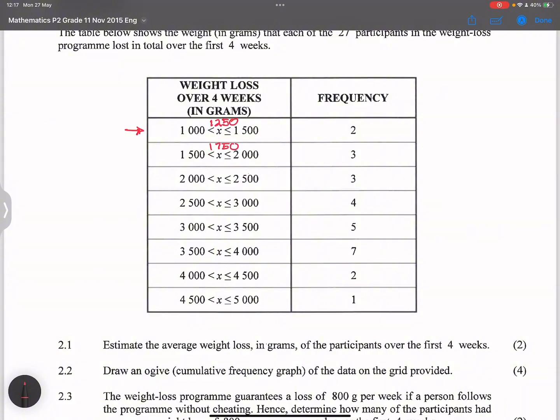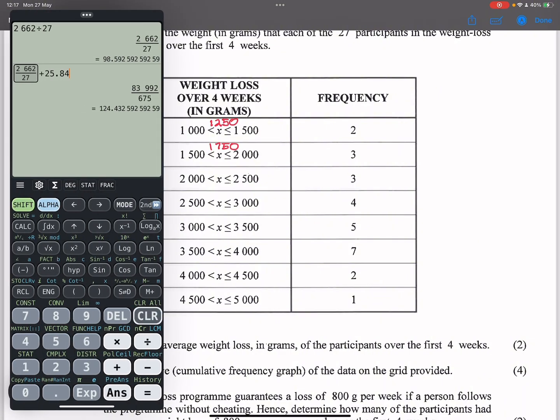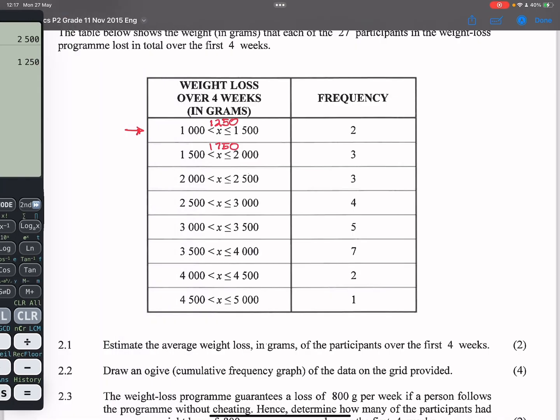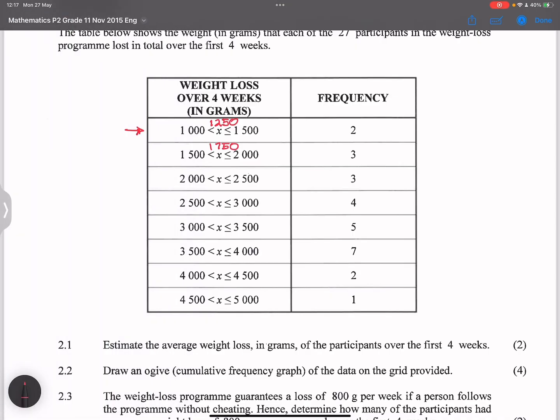You can do that calculation by simply saying 1,000 plus 1,500, and you divide that by 2. So in this case, this is going to be 2,250.